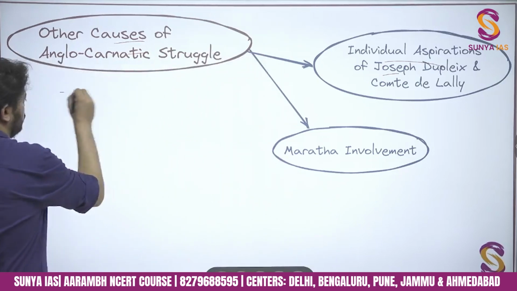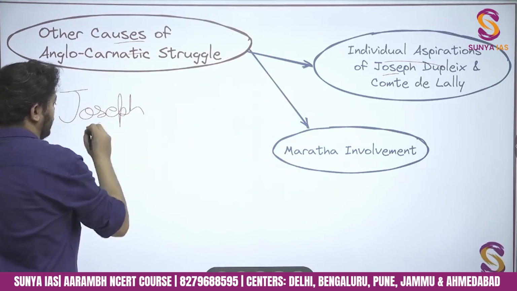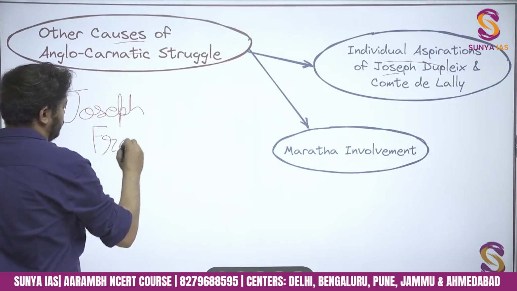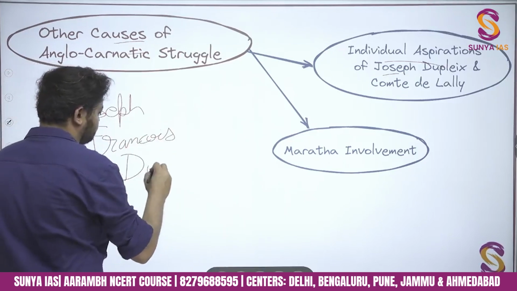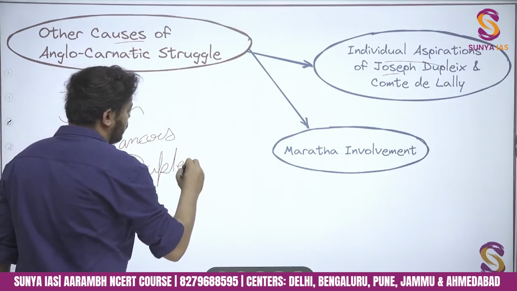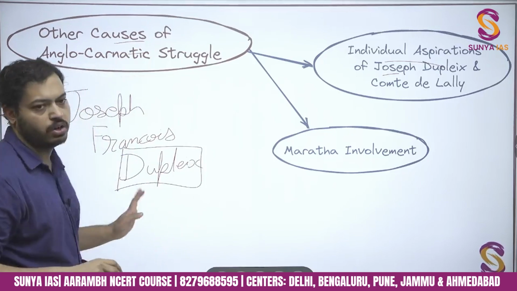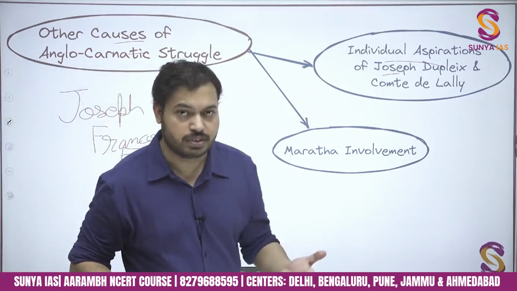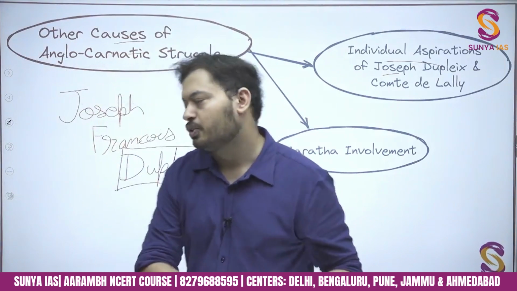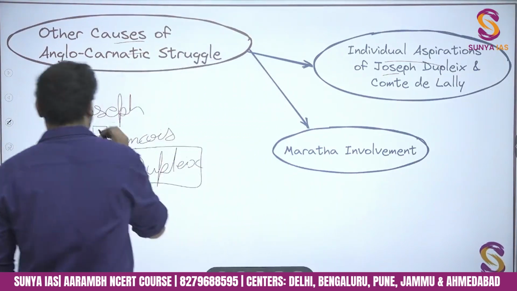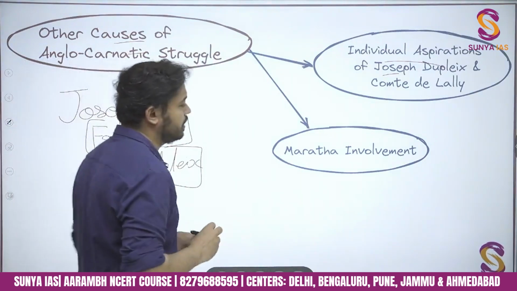His name was Joseph Francois Duplex. Anyway, no one is going to ask you more than this Duplex only. This is all which is important. But since I am teaching you, I shouldn't be wrong to such an extent. So his middle name was not Marcus. His middle name was Francois. So just keep that in mind.